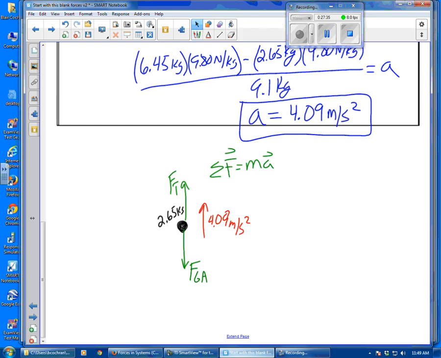I think I need to recalibrate the board. So now that I've got my diagram drawn, I'm going to write my equation. FT minus FGA equals my inertia, 2.65 kilograms, times my acceleration, 4.09 meters per second squared.